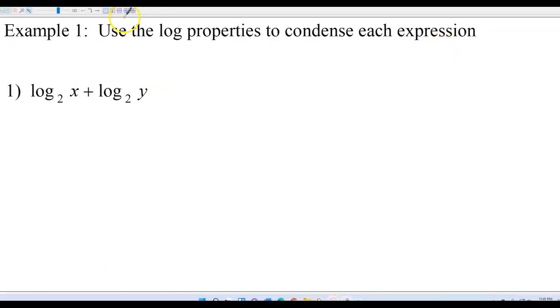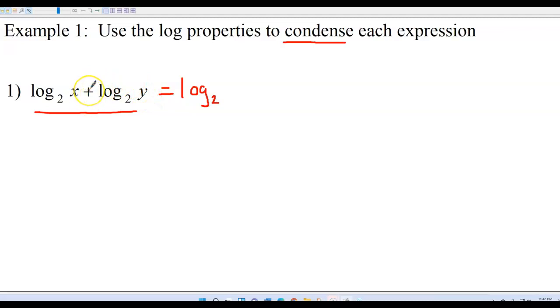So here's example 1. It says, use the log properties to condense each expression. And what that means is to put the two logarithms together into a single logarithm. So I've got log base 2 of x plus log base 2 of y.